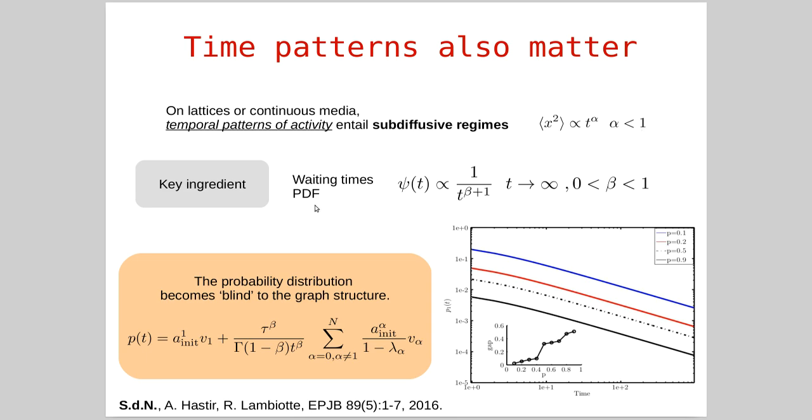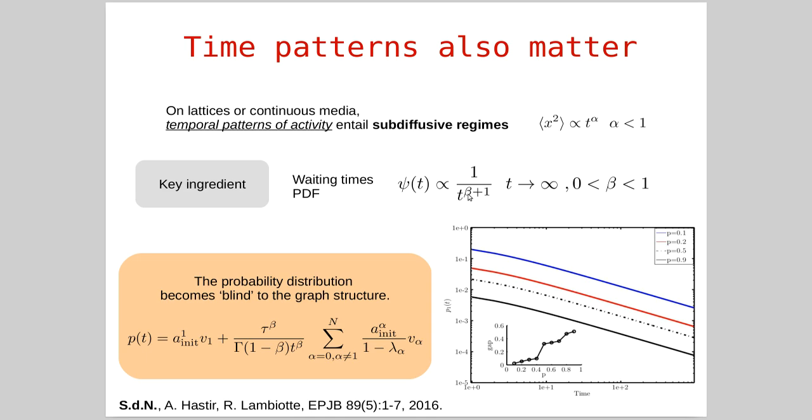So to ignite those regimes, now you are endowing your walkers with a different property, and this property would be that they can wait. So you define a waiting time PDF that also possesses a tail in a power law shape, and this beta exponent is the one that tunes this waiting time behavior.